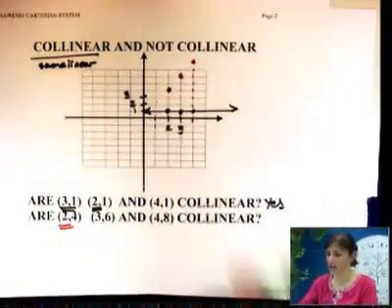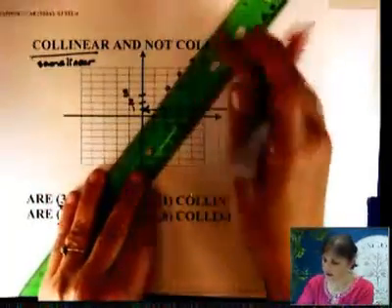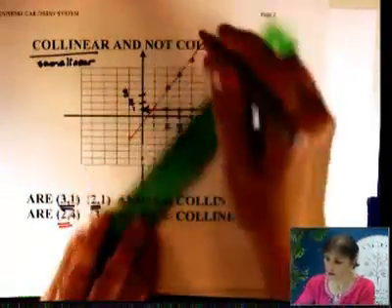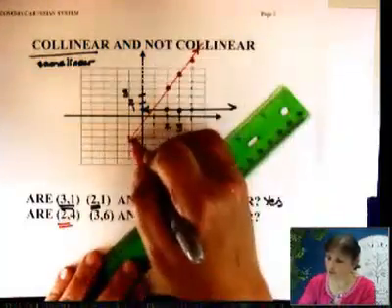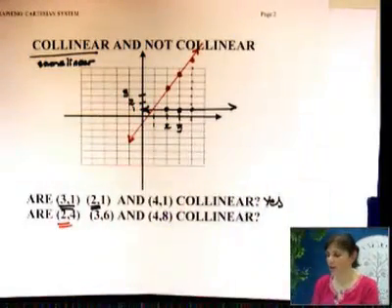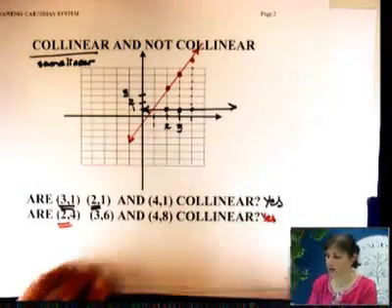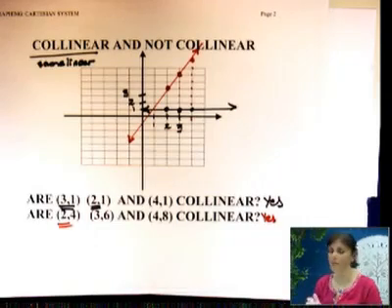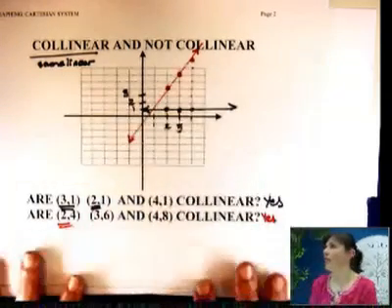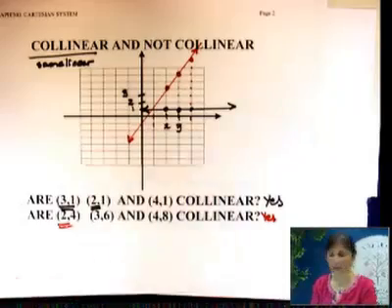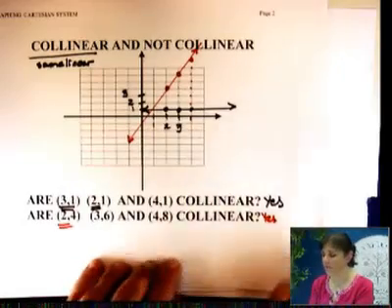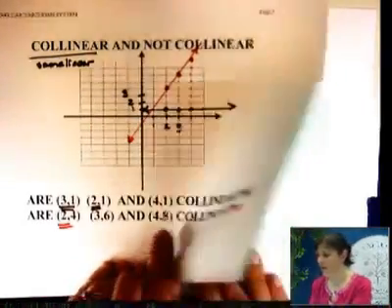All right, so let's look at it. Are they on the same line? Yeah, it looks like it. But to make sure that they're on the same line, you need to check this algebraically. Sometimes it may be close enough, but you're not quite sure. So make sure that you check that algebraically later on, and I'll show you how to do that.